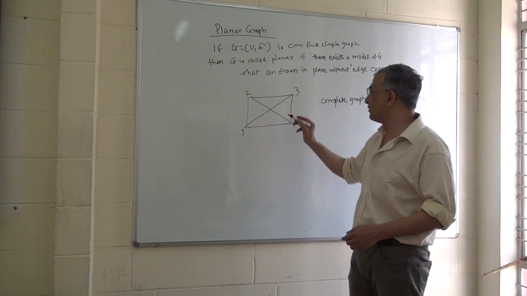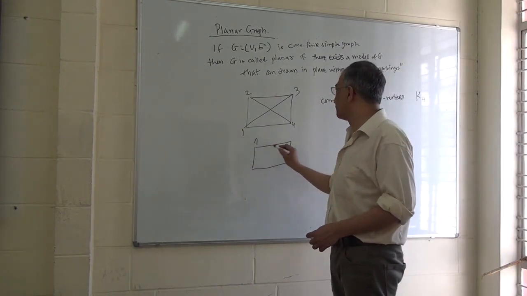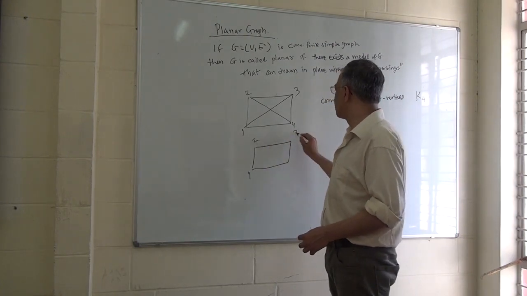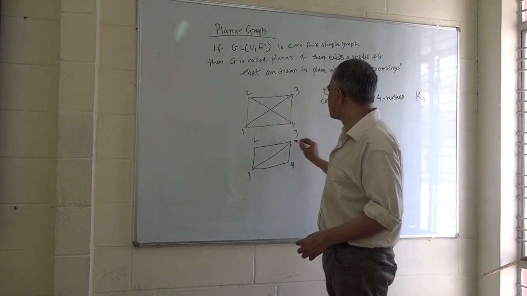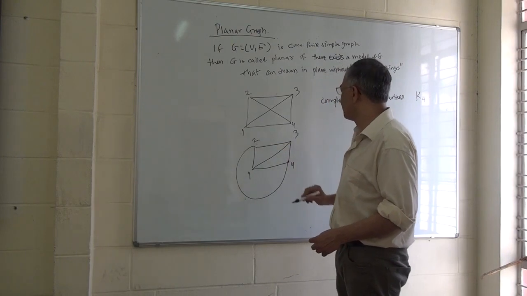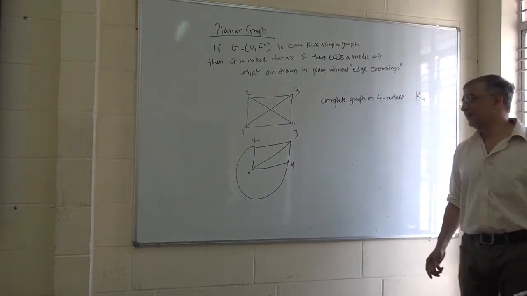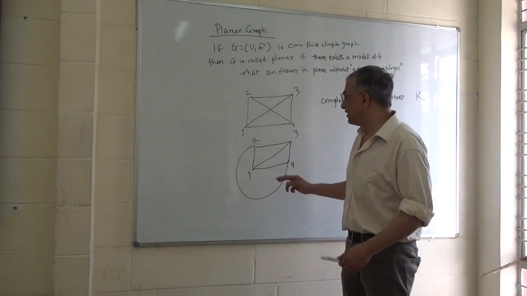On the other hand, the same graph is isomorphic to this graph, right? 1, 2, 3, 4. This edge you keep inside, and this edge 2, 4 you draw like this. Nobody has told you that the edges have to be straight lines. There can be curved lines also.